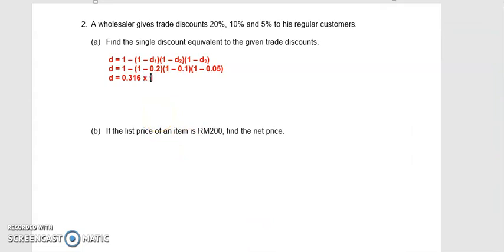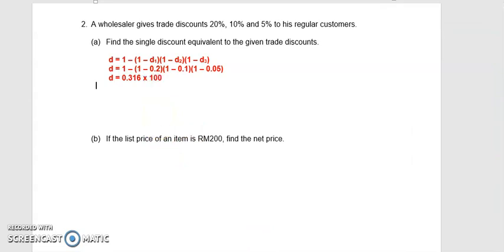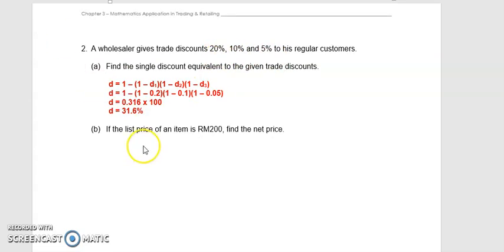Okay, convert to percentage, multiply by 100. So D is 31.6%. So 20 plus 10 is 30, 30 plus 5 is 35. So actually we did not get 35%, but only 31.6%.